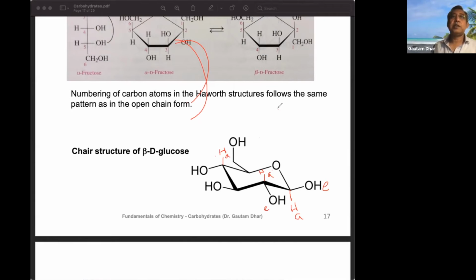So this is the actual 3D structure of glucose, and it can flip. Glucose is a very dynamic molecule, so this is one chair form, and you can flip this up and flip this down like a hinge, and they are at equilibrium. These 2 chair forms are at equilibrium.